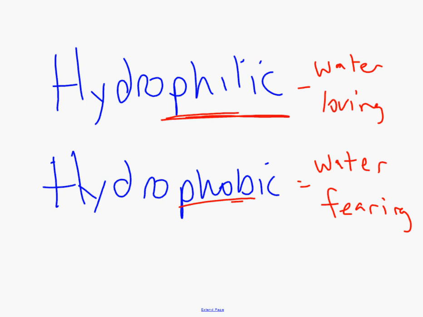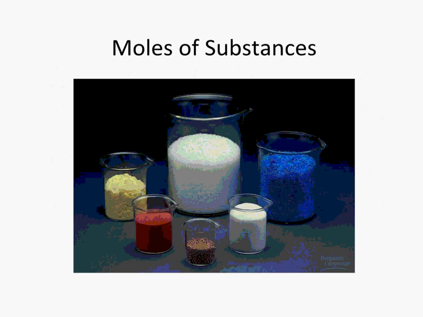A little bit more on the chemistry of water. Sometimes we will talk about moles of a substance in here. We're not going to be doing any calculations with that, but a mole of a substance just refers to the number of molecules of that particular substance in the solution. And it has to do with the concentration, if you want to think of it that way.